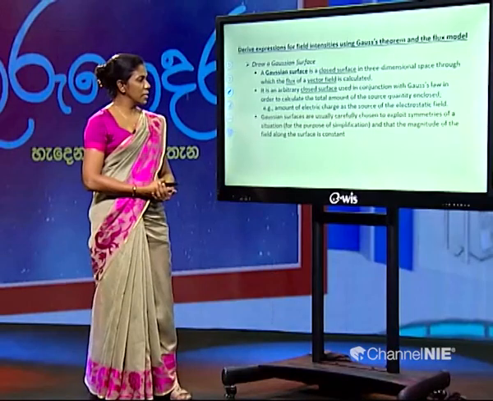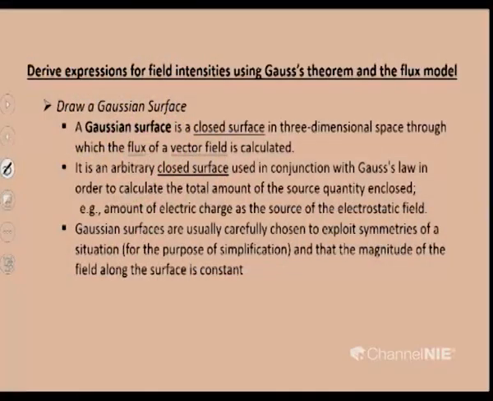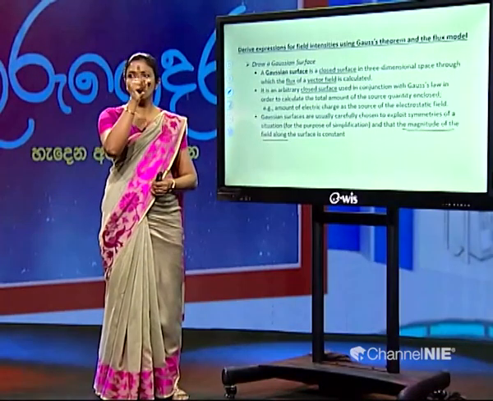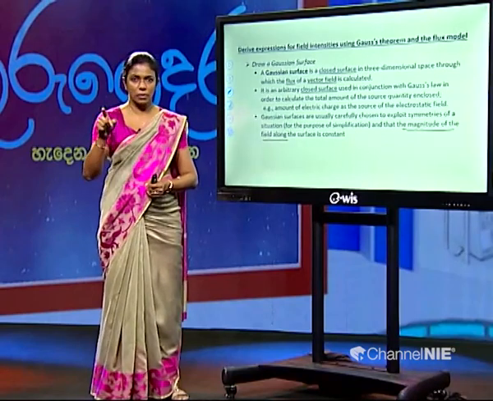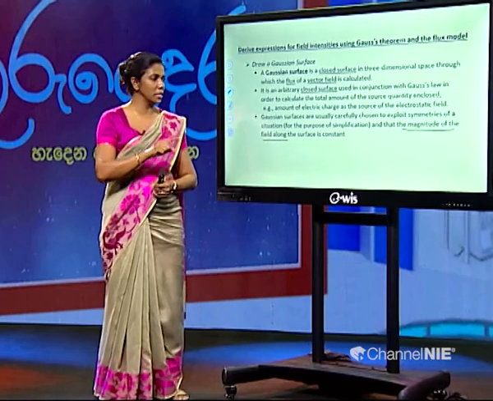Then the third point says that the Gaussian surface must be carefully chosen to exploit symmetries of the situation, and that the magnitude of the field along the Gaussian surface must be constant. So once you draw the Gaussian surface, if you move along the surface, the electric field intensity's magnitude at any point must be the same.